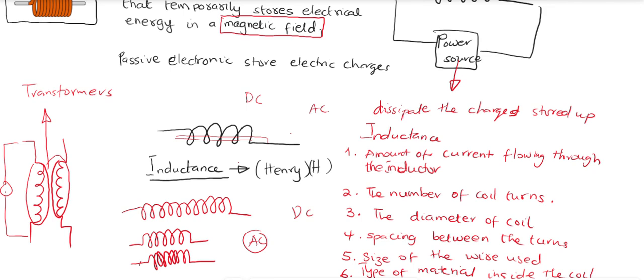The wire of the inductor momentarily will behave like a short circuit, and it will allow a lot of electric current to flow through it. In that case, charges will not be built up, but it will allow electric current to flow through the inductor.